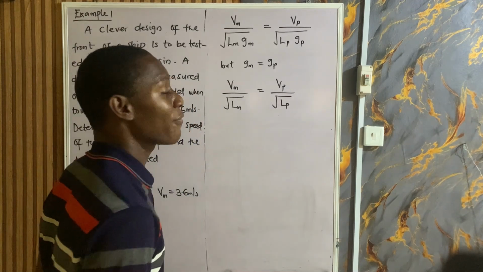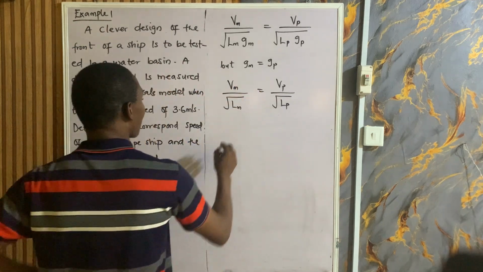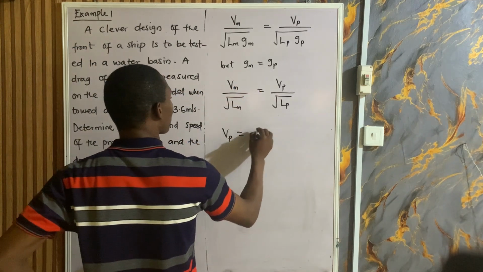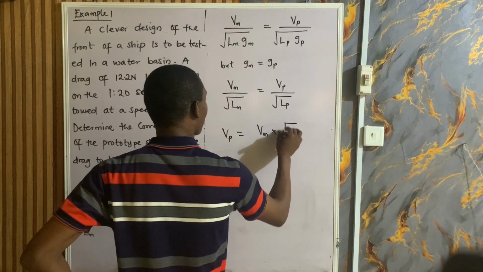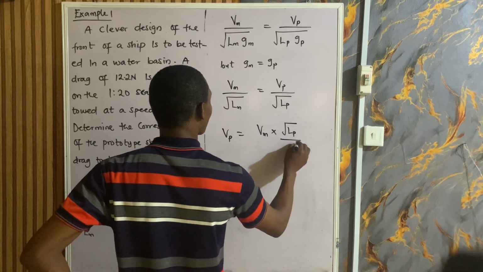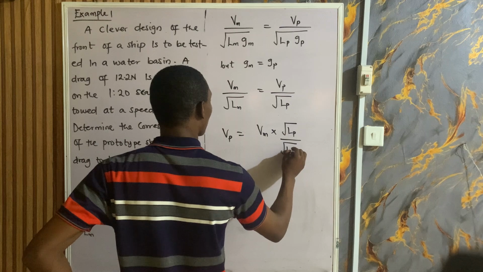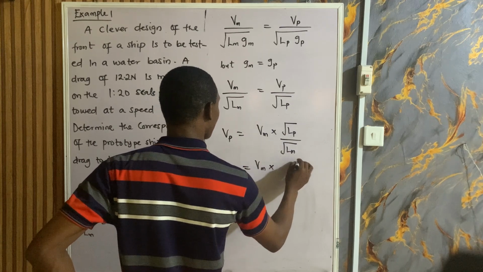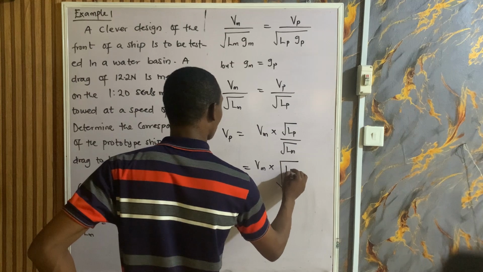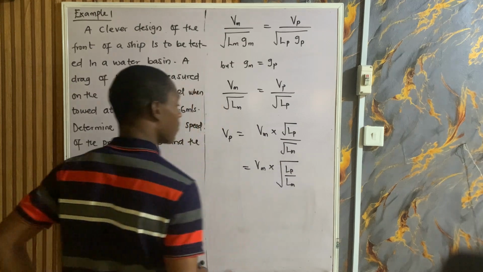Since we are looking for velocity of prototype, velocity of prototype will be equal to velocity of model multiplied by square root of length of prototype over square root of length of model. We can as well write that as velocity of model times square root of length of prototype over length of model.